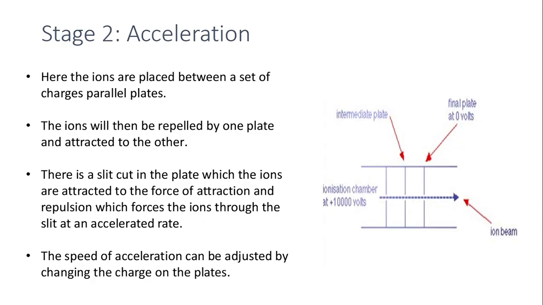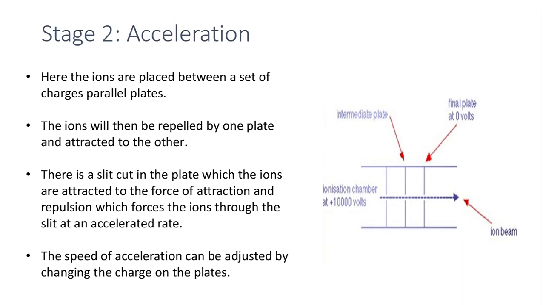And then stage 2, acceleration. Here the ions are placed between a set of charged parallel plates, and the ions will be repelled by one plate and attracted to the other. And there is a slit cut in the plate which the ions are attracted to. The force of attraction and repulsion forces the ions through the slit at an accelerated rate.